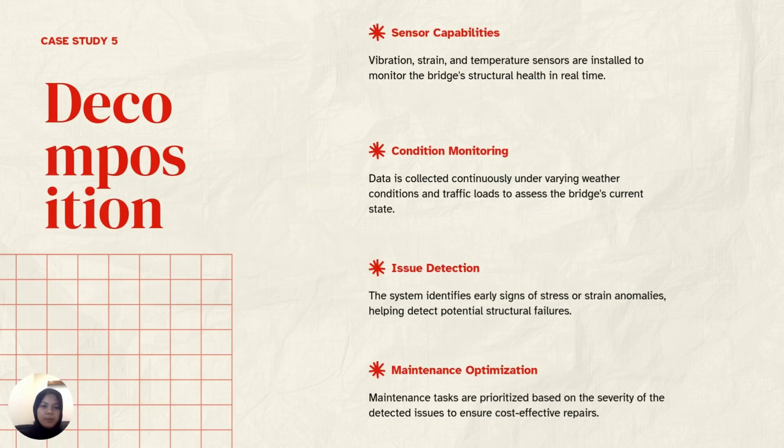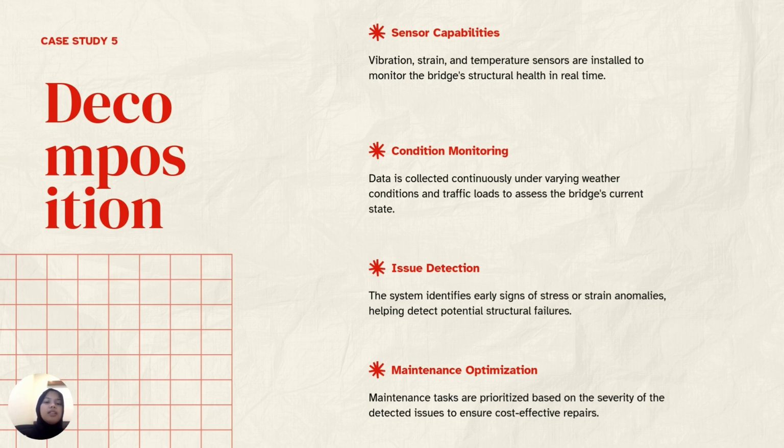So for the decomposition, the first one is sensor capabilities. Vibration, strain, and temperature sensors are installed to monitor the bridge's structural health in real time. The second one is condition monitoring. Data is collected continuously under varying weather conditions and traffic loads to assess the bridge's current state.